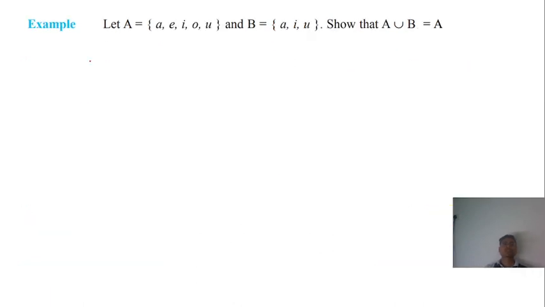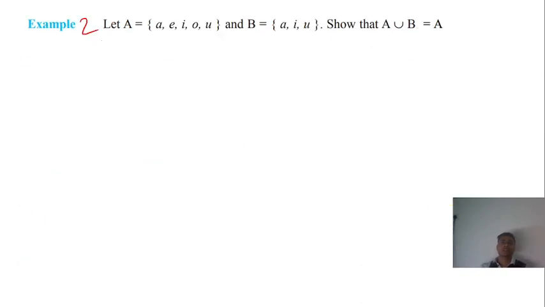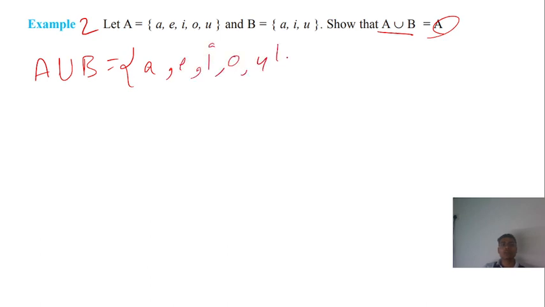Coming to example number 2. This is the example number 1 we solved. In this set, again you have to find A union B and then prove that it is A. To find A union B, you write all the elements of A: E, I, O, U, and after that you write the elements of B. But you don't write any element twice.